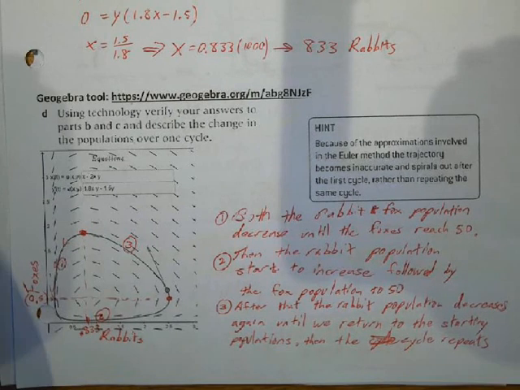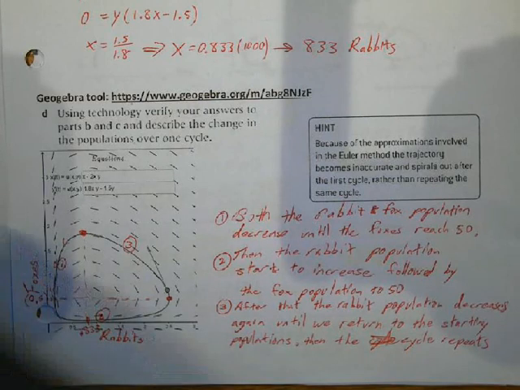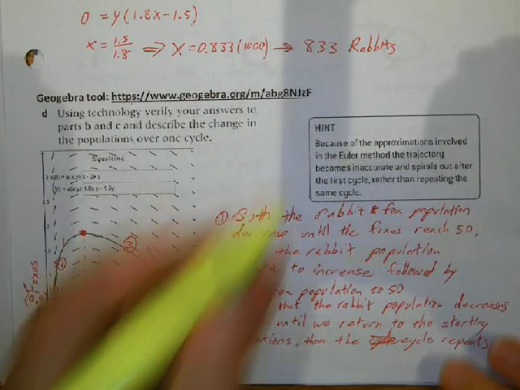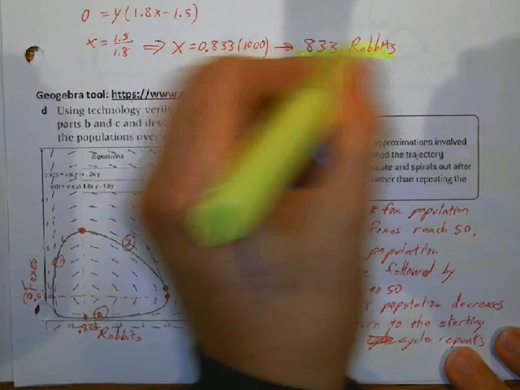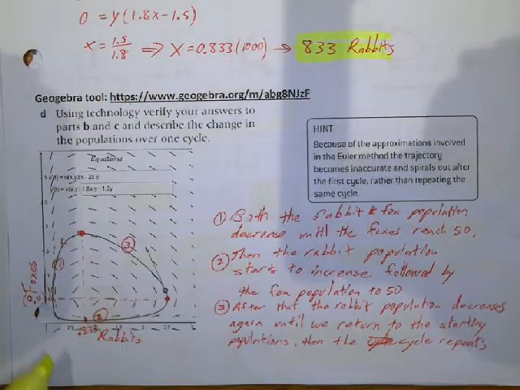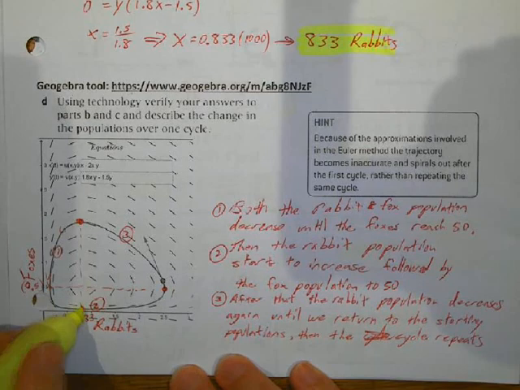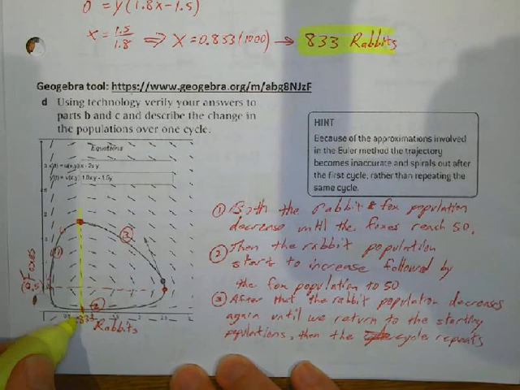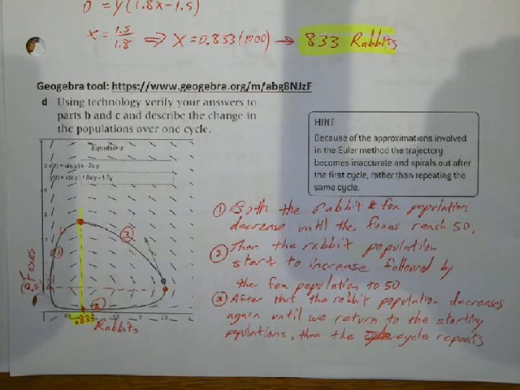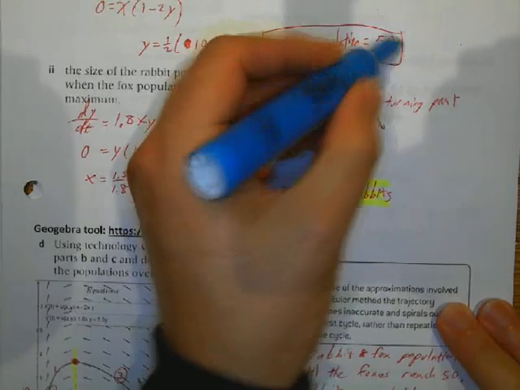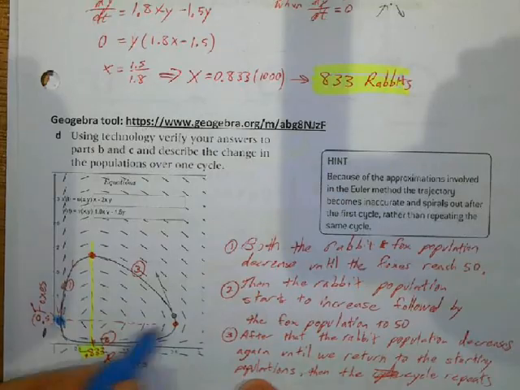And so if you look here, I want you to notice that when the rabbit population is 833, it's going to be kind of around here, okay? And when the fox population is 50, kind of around there.